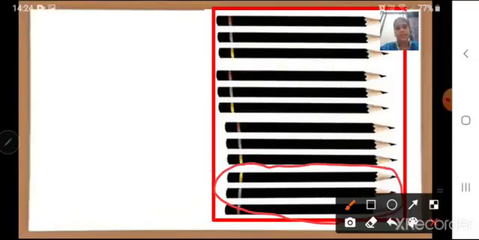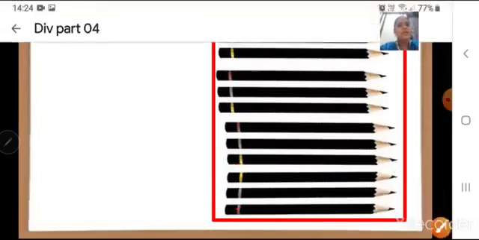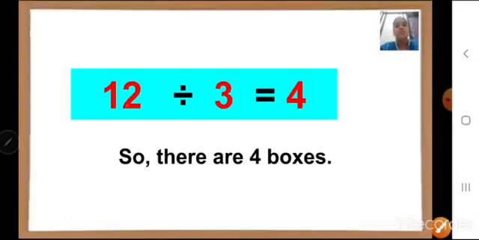So we have to find out how many pencil boxes are required. So what will we do? We are going to divide, right? 12, that is the total number of pencils, divided by 3, because only 3 can be accommodated in one box. If we divide, we will get 4 boxes. Right children? Correct? So there are 4 boxes.